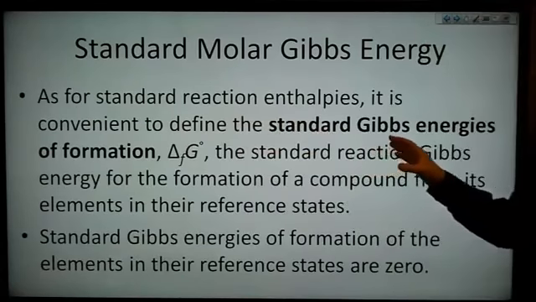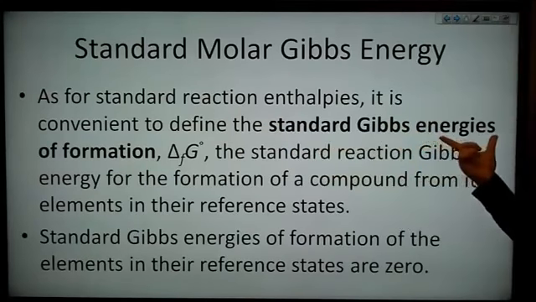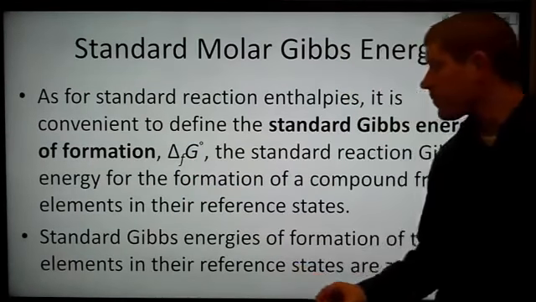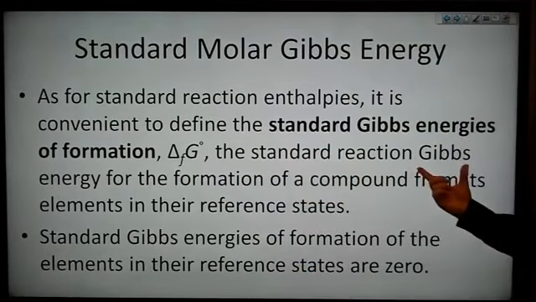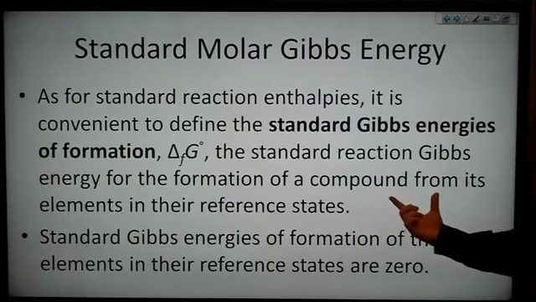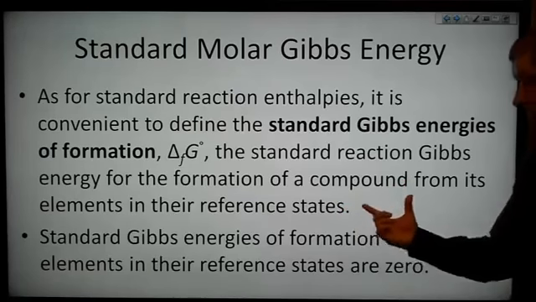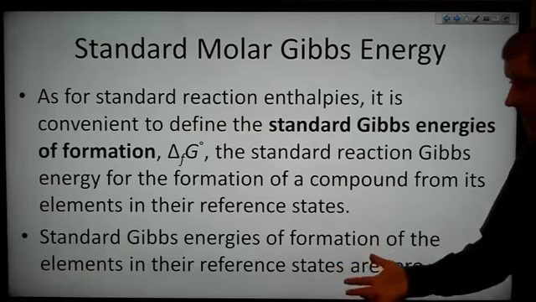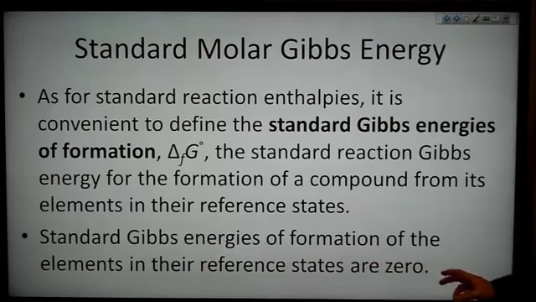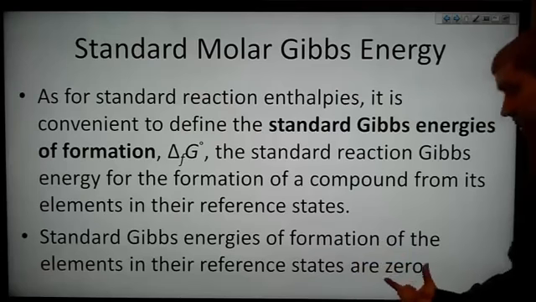So just like for standard reaction enthalpies, it's convenient to define the standard Gibbs energies of formation, delta f G naught. This is the standard reaction Gibbs energy for the formation of a compound from its elements in their reference states, in their elemental states. So standard Gibbs energies of formation of the elements in their reference states are 0.